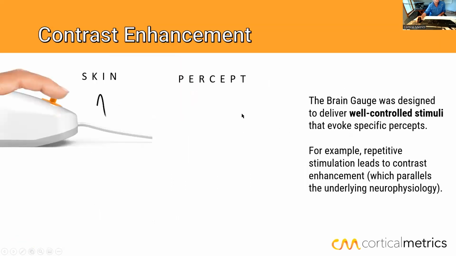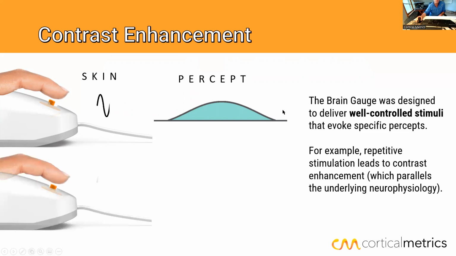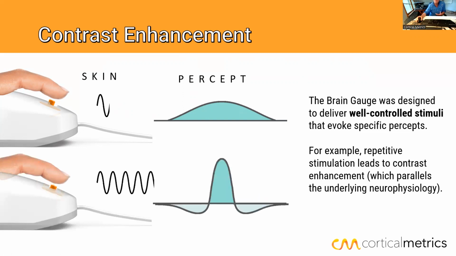Anyway, what did I mean by contrast enhancement? Contrast enhancing the brain. If you give just one brief stimulus, one brief sinusoid to the skin, you get a percept that is very broad-based. Von Békésy did some of this too. Then when you deliver multiple stimuli, that pattern starts shaping up and gets very sharp.